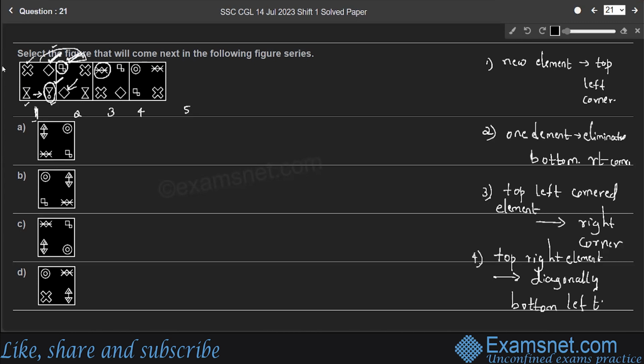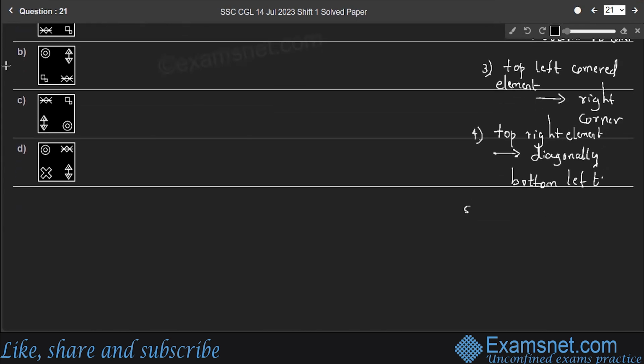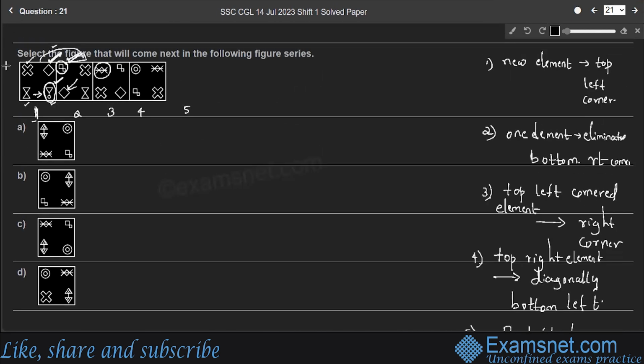So the fifth rule is, the bottom left element will go to the bottom right corner. This is the rule in each step, right? So come to the third step, third figure, in which a new element has been inserted. The first rule is satisfied. The second rule is one element will get eliminated.